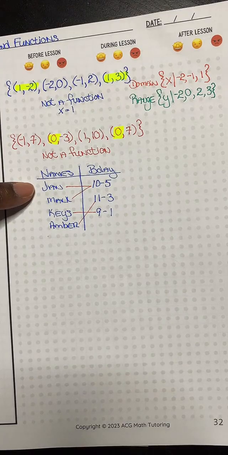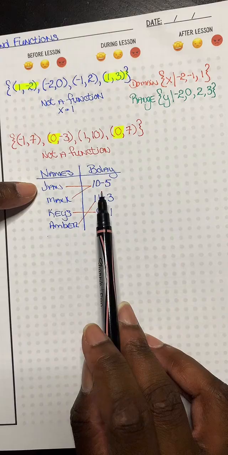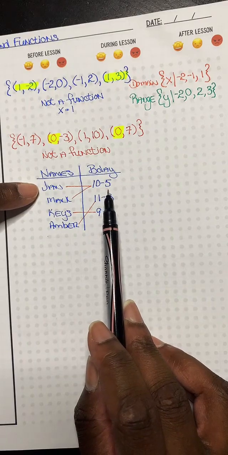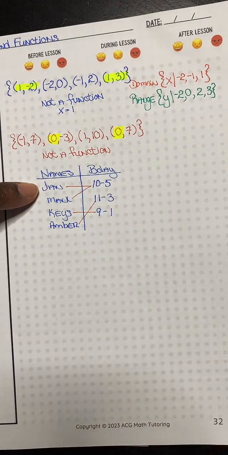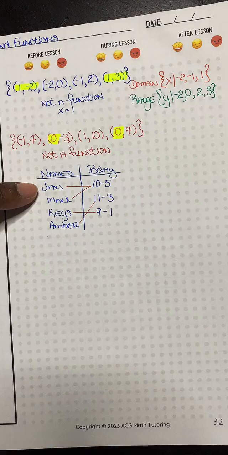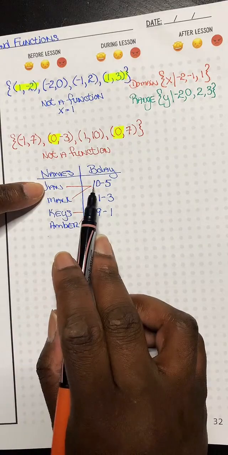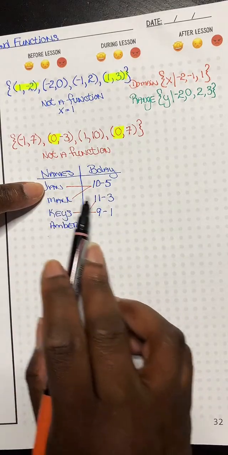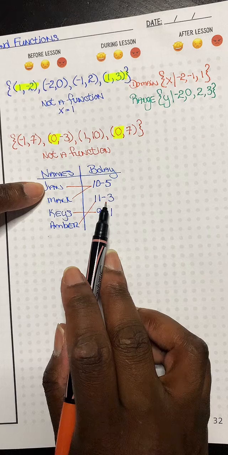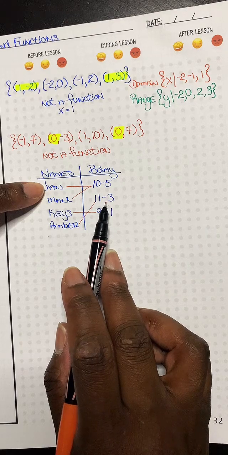You mean to tell me that everyone in the world has their own individual birthday? Okay? Yeah. Multiple people can have the same birthday. Yeah, that's definitely possible. But if I said Jan was born October 5th and November 3rd, does that make sense?